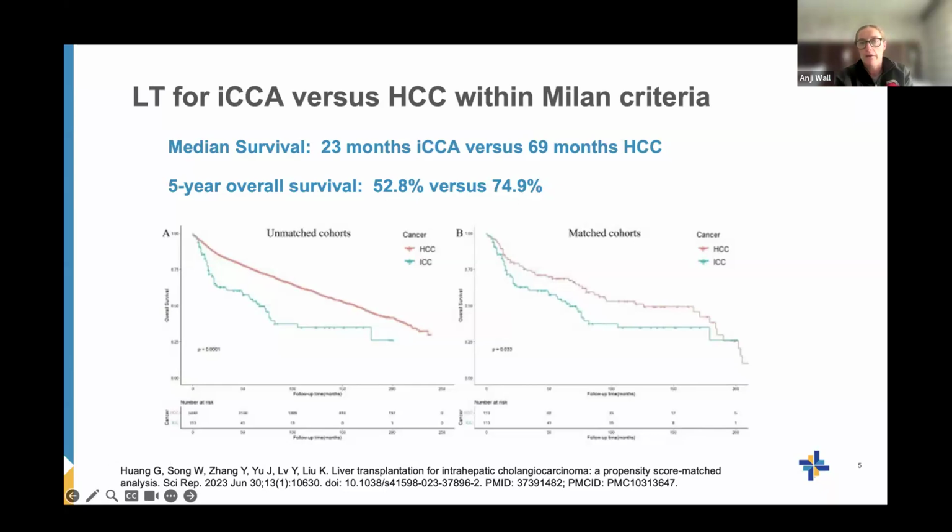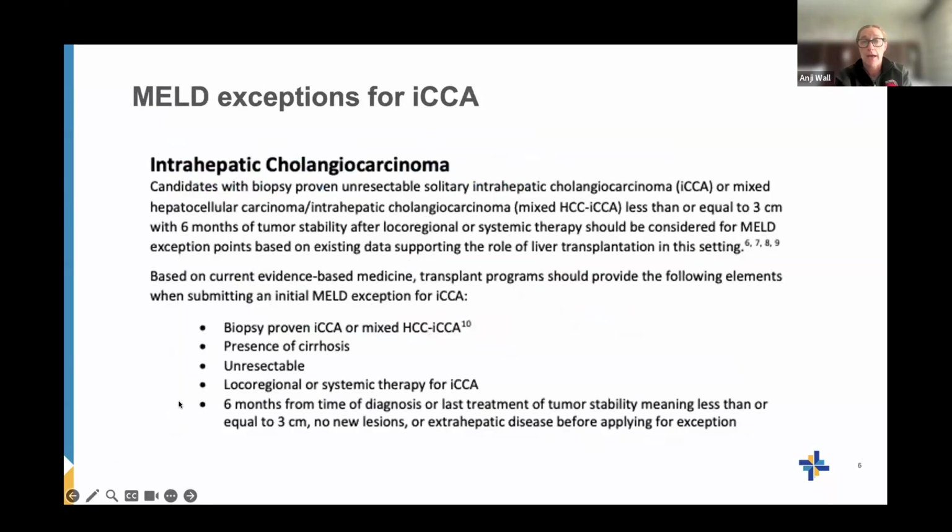So when we look at cancer versus cancer, both the median survival and the 5-year overall survival are worse with transplantation in the intrahepatic cholangio group. And the reason I bring that up is that it builds into the way we have MELD exception points for intrahepatic cholangio.